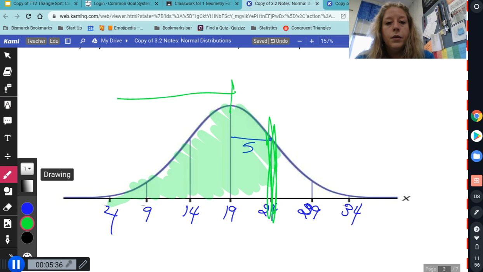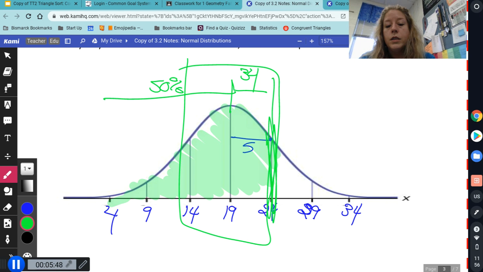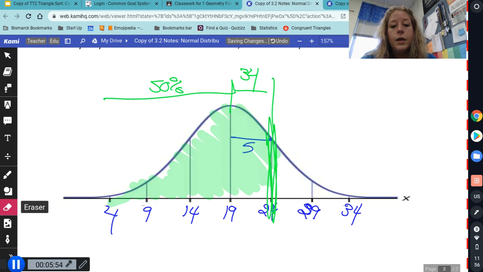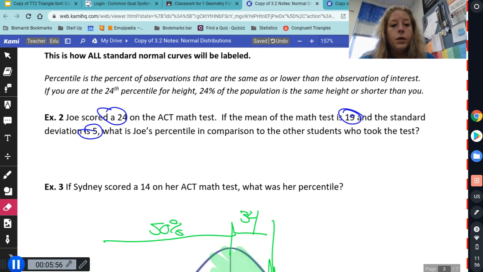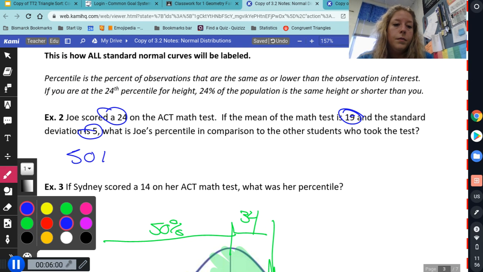Well, from here over we have 50%, and then this section is actually 34%, because if you remember, those two sections together are 68, so if we divide that by 2 we get 34. So Joe has 50 plus 34. He is at the 84th percentile.